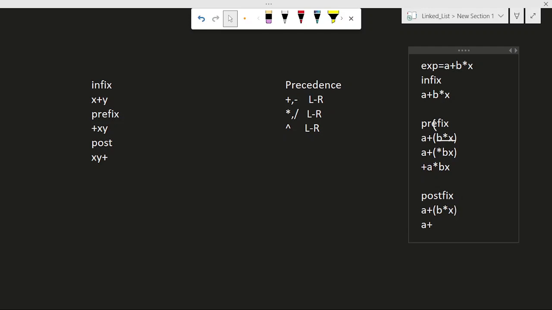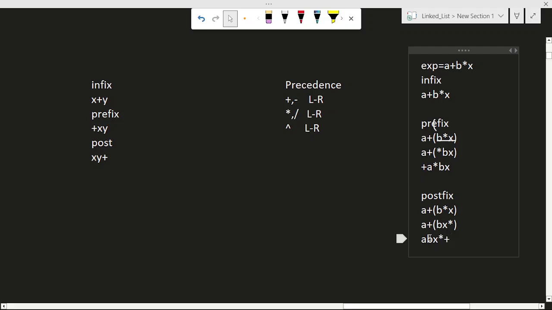Then bx star, and then at last you need to add plus. If you consider this as one operand and this as one operand, then you put them together and add this operator at last. So this is how it works.